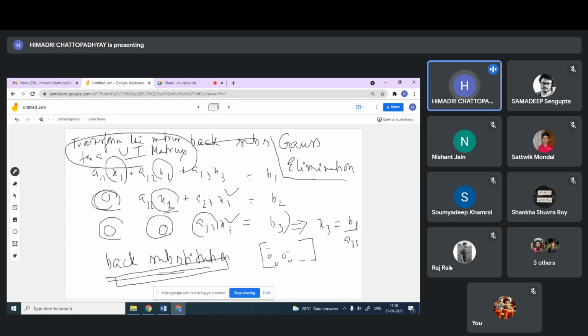To do Gauss elimination, you transform the matrix to an upper triangular matrix. Then because this has become 0, you straight get x3, put x3 here, get x2. So any matrix you get, you have to convert to an upper triangular matrix.